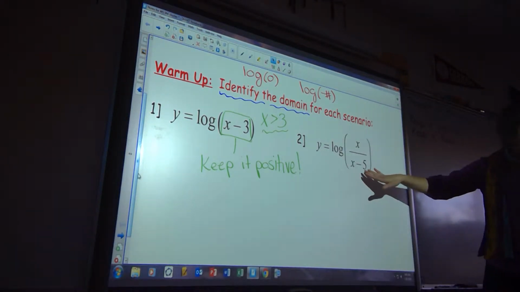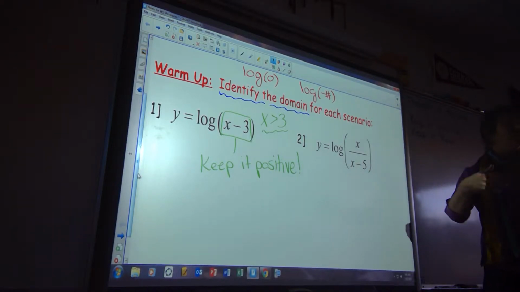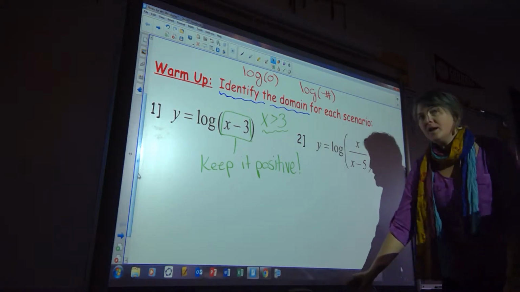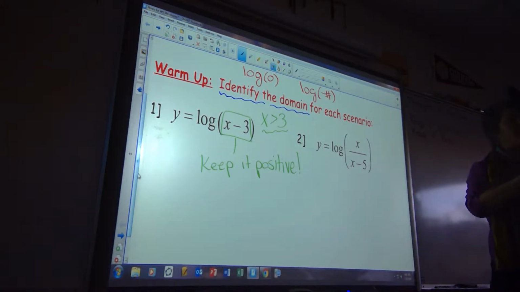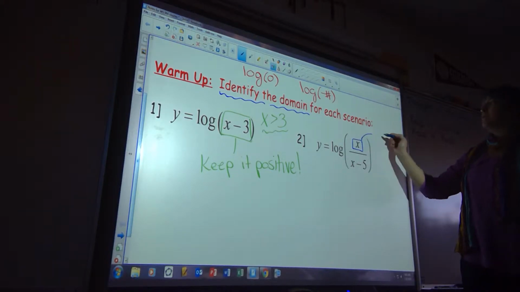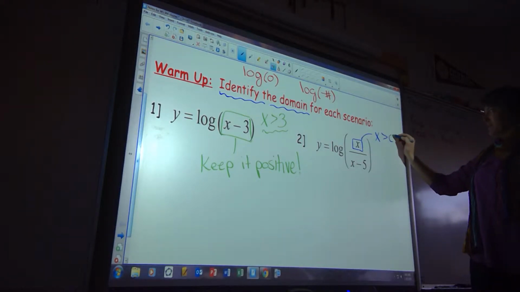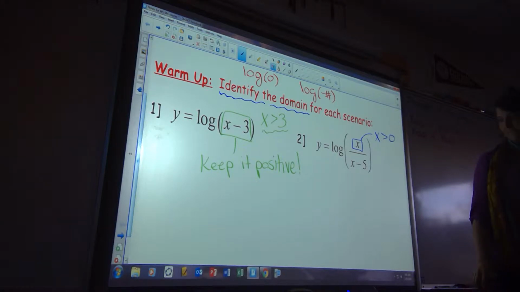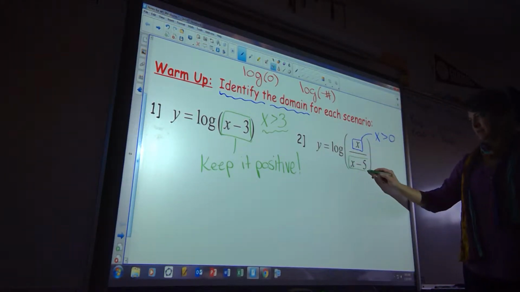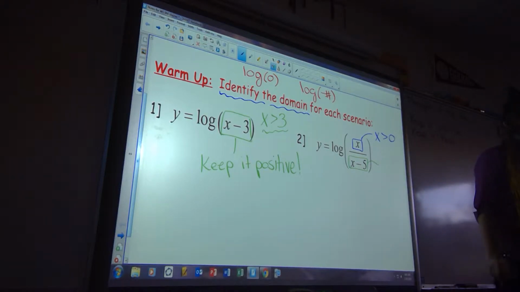This one's a little bit harder because it's got this whole x in the numerator and x in the denominator. So we kind of have to consider all the placements of x. So if we just were to consider this one, we definitely want to keep it positive. If we come down here, we definitely want to keep it positive.